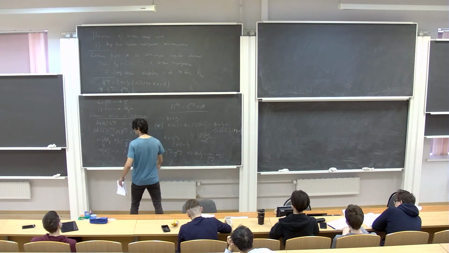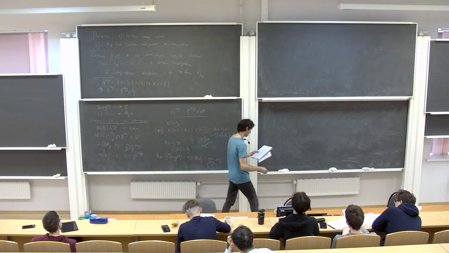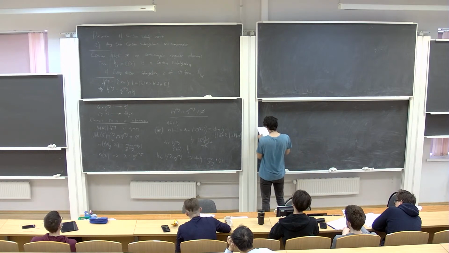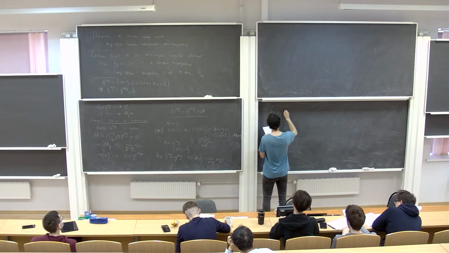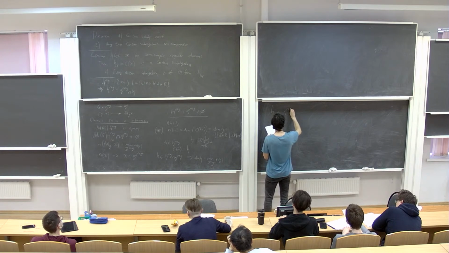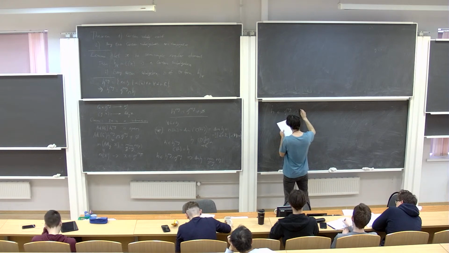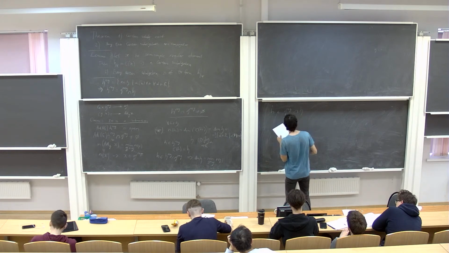Okay, so let me move to the other side. Now let me take h from g regular intersect h.